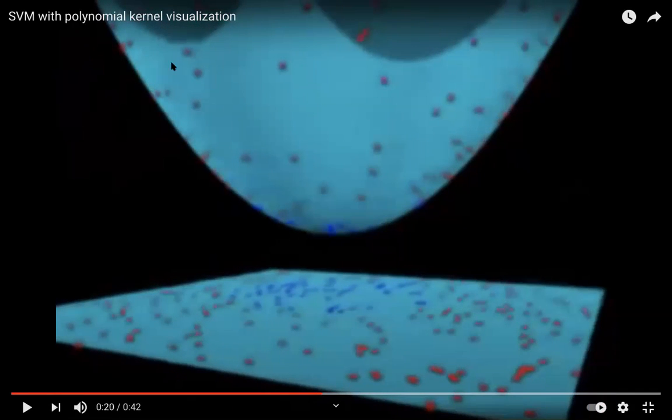Okay, so this is part of the sphere. Well, this is not really a sphere, it looks like a different shape, but when you do a projection back on the plane, it is still a circle.